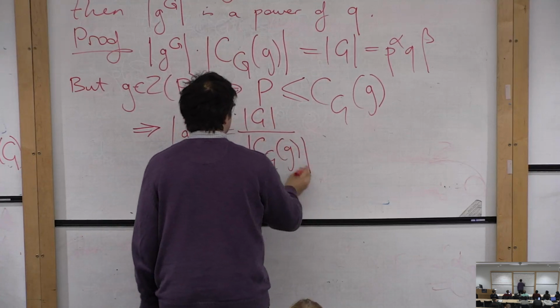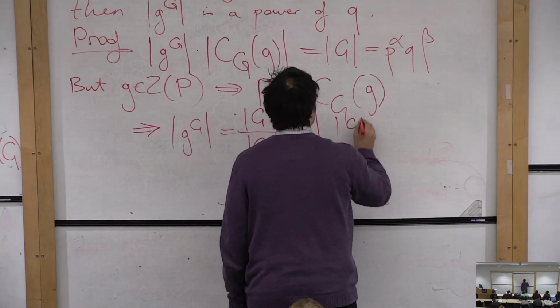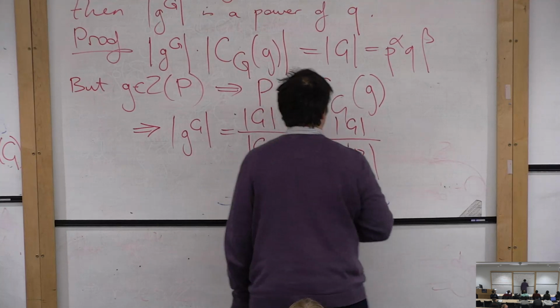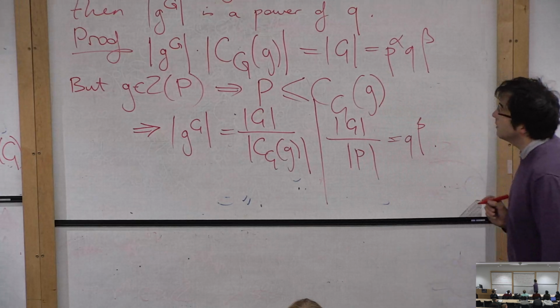Whatever the centralizer is, it's bigger than P, so its index will be a divisor of q to the beta. And that's all that's left.